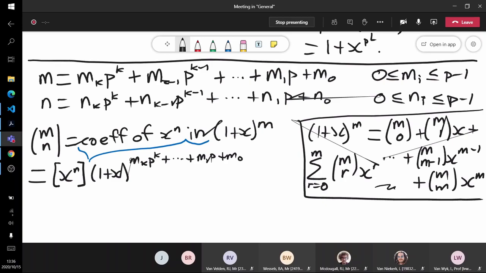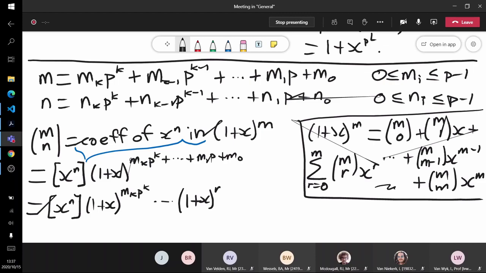So here we have something to the power of adding a few things, so we can, of course, use one of the exponent laws. That's the coefficient of x to the n in 1 plus x to the m_k p to the k, and we're going to split each of these up until we get 1 plus x to the m_1 p times 1 plus x to the m_0.